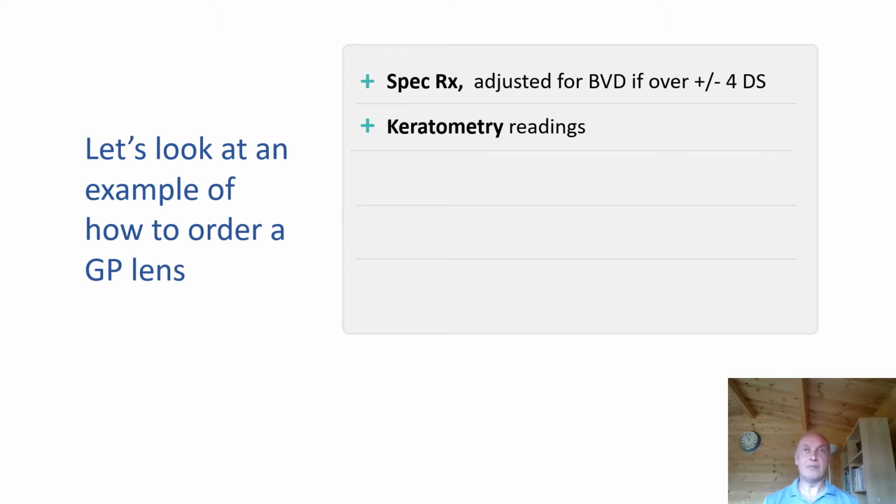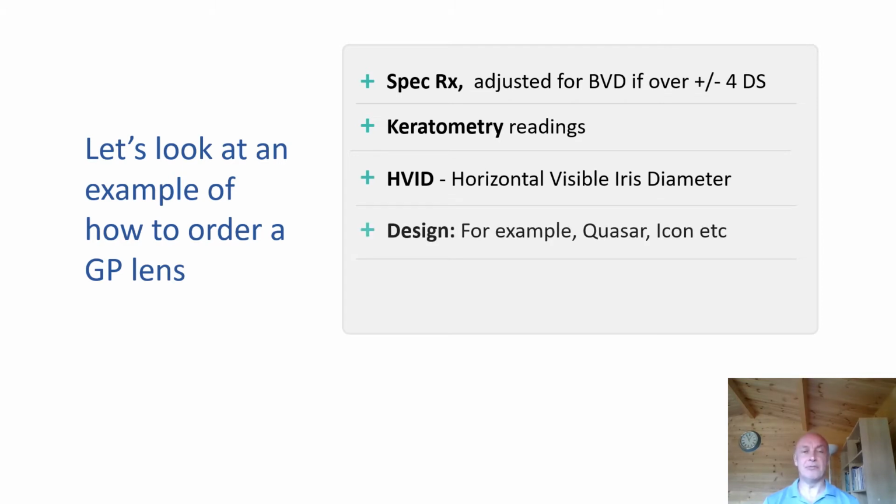Now, if our patient's been in a dry atmosphere or if our own consulting rooms are highly air conditioned, you may find that the tear quality is quite poor, which will give us poor keratometry readings. So sometimes some comfort drops inserted just before keratometry can help us get a good, accurate, sharp reading for our patients. Horizontal visible iris diameter measured as accurately as possible.